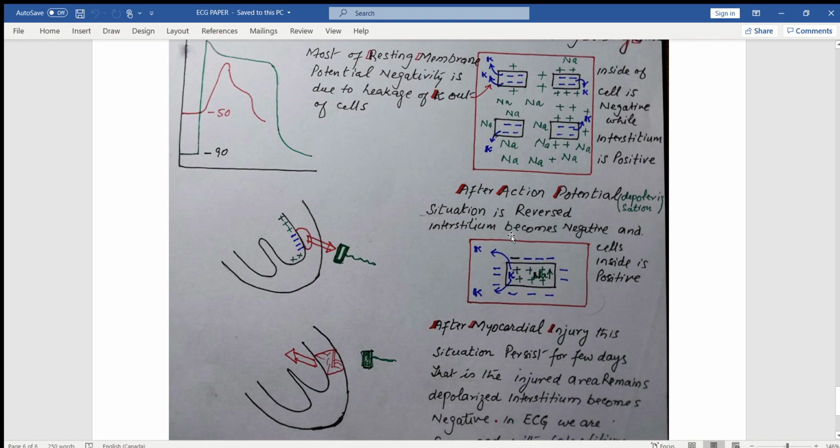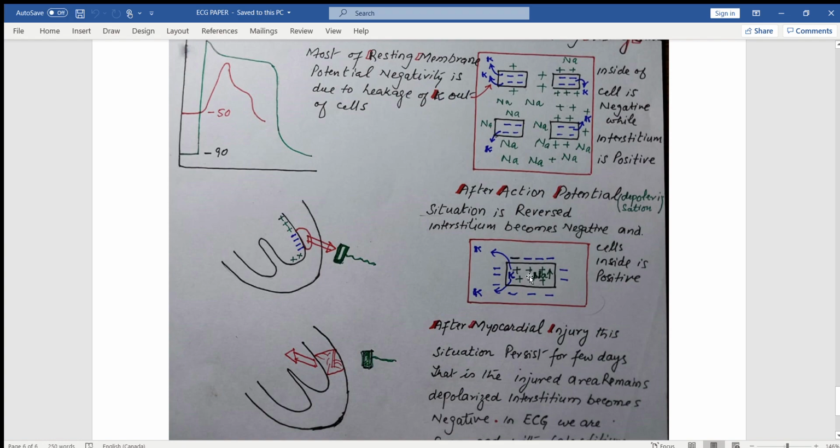The sodium which was outside will move inside, and the inside will become more positive. So the outside of the cell, the interstitium, becomes negative, and inside the cell becomes positive.